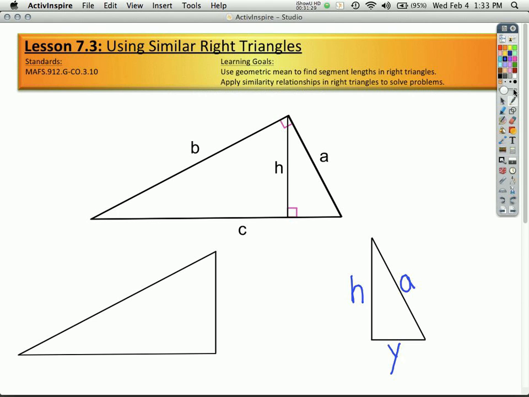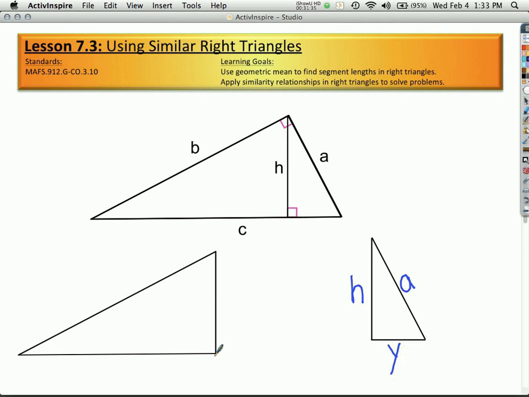And now, help me label the sides. What is this side going to be called? Sebastian? That's H. And I want you to look. Look at this triangle here. Which side of the triangle did we just label H? Alicia? The smallest leg.